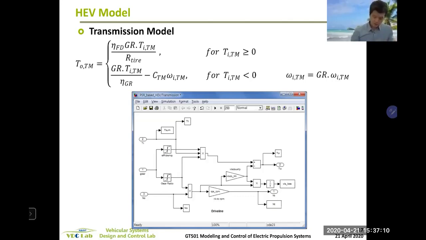And note that the input is torque, input torque, and output speed. Okay. This is the interesting part. Output speed is input to the transmission model.